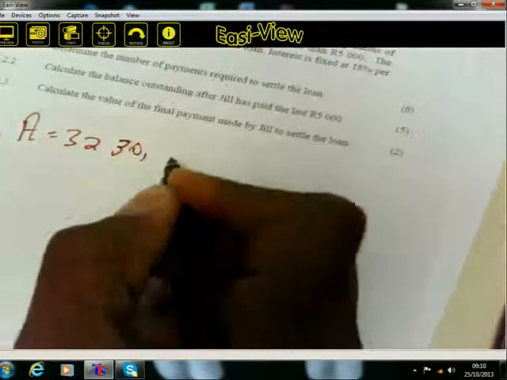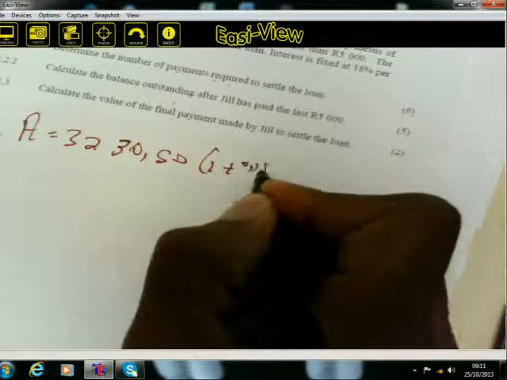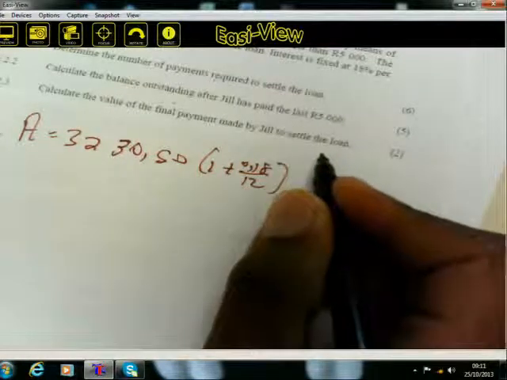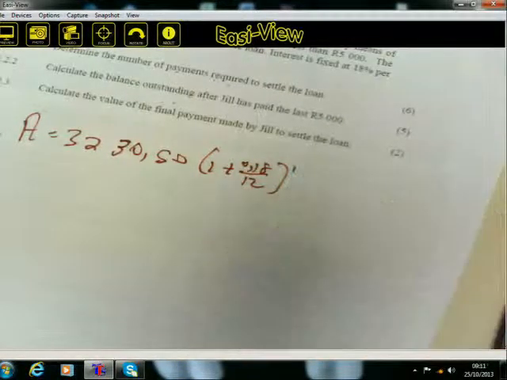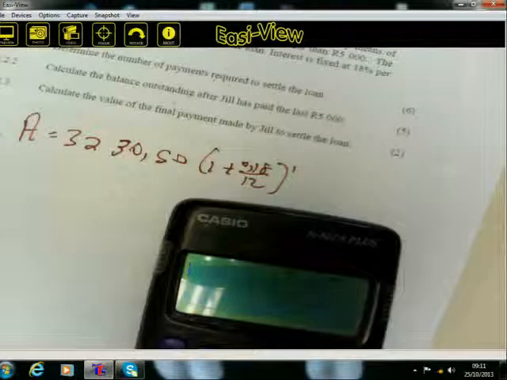3,230 rand 50. And then because we are left with a month, it means it's going to be 0.18 divided by 12. Now, what is our n here? Of course, n is 1. You can write 1 there, or you can leave it, because we know that will be to the exponent of 1. Right, now let me see.